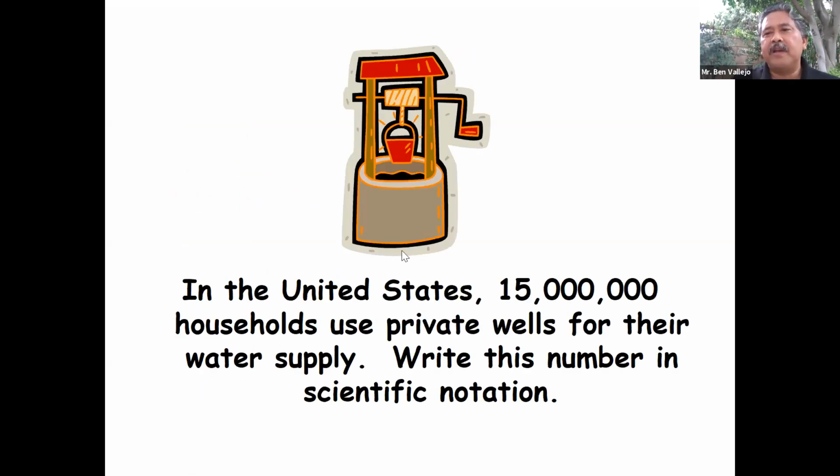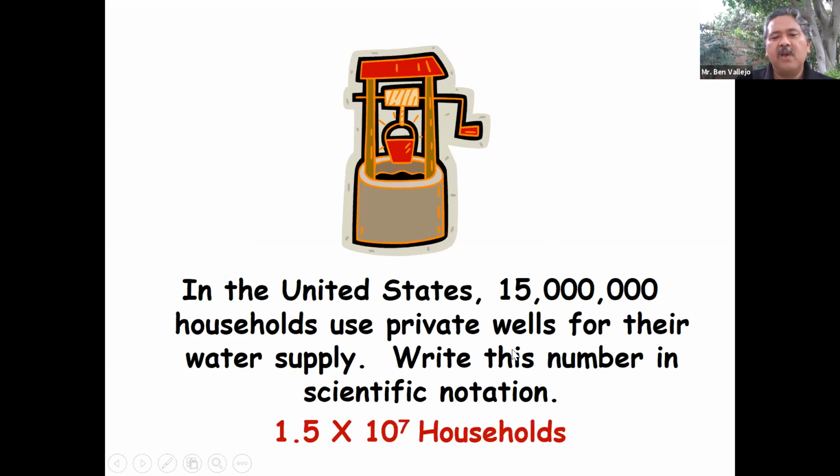All right. Now, in science, and especially physics and chemistry, it's not going to be correct unless you tell us what the answer is in units. So right here it says in the United States, 15 million households use private wells for their water supply. Write this number in scientific notation. So the number is going to be, remember the decimal point is right there. Move that over, 3, 6, plus 1 is 7.